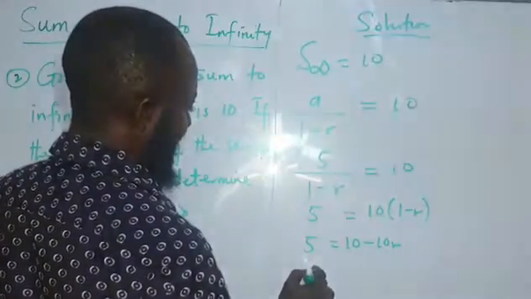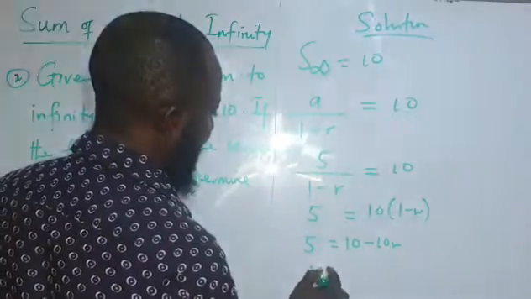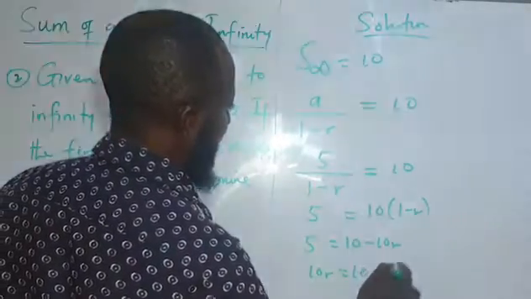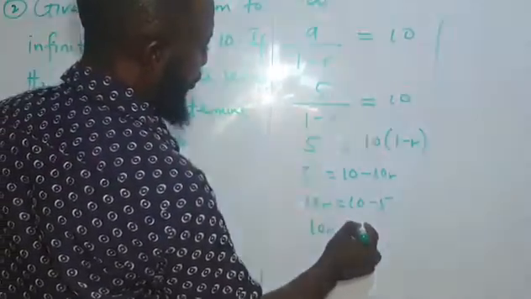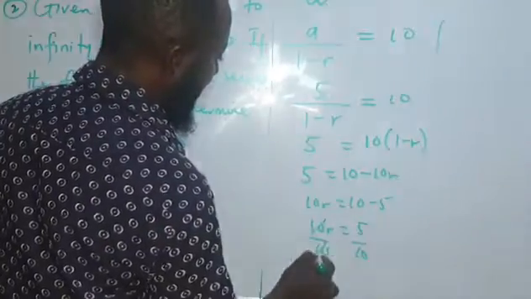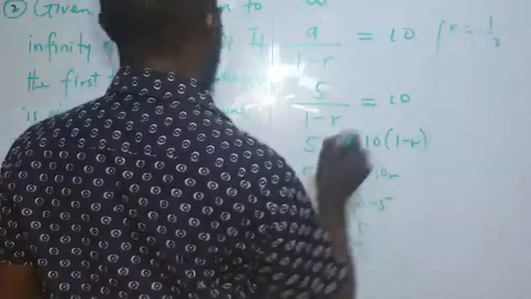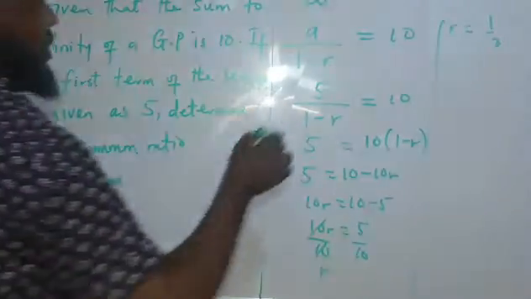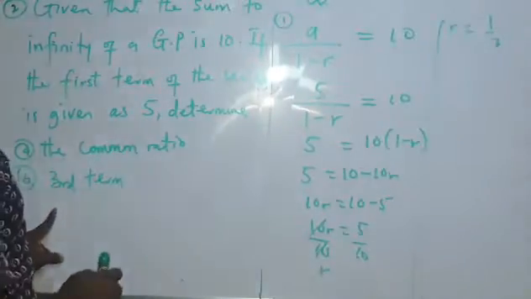So we can collect like terms. 10r equals 10 minus 5. That is 10r equals 5. Divide both sides by 10. Therefore, r equals 1 over 2. So the common ratio here is 1 over 2.